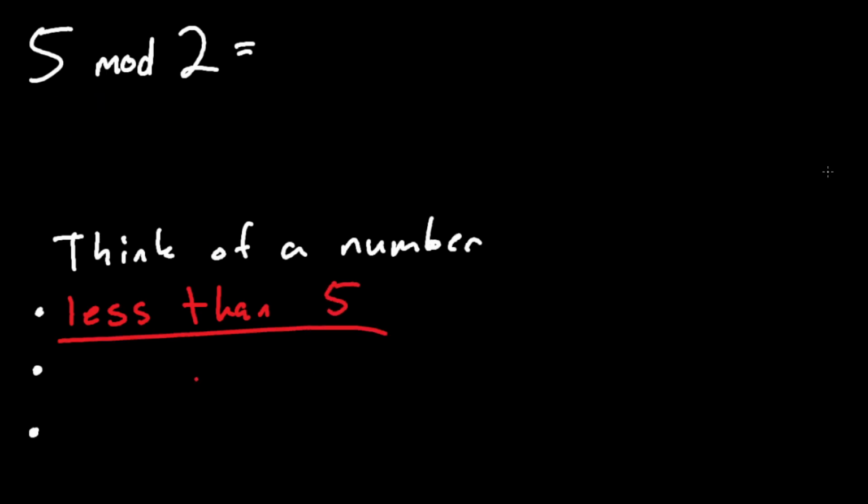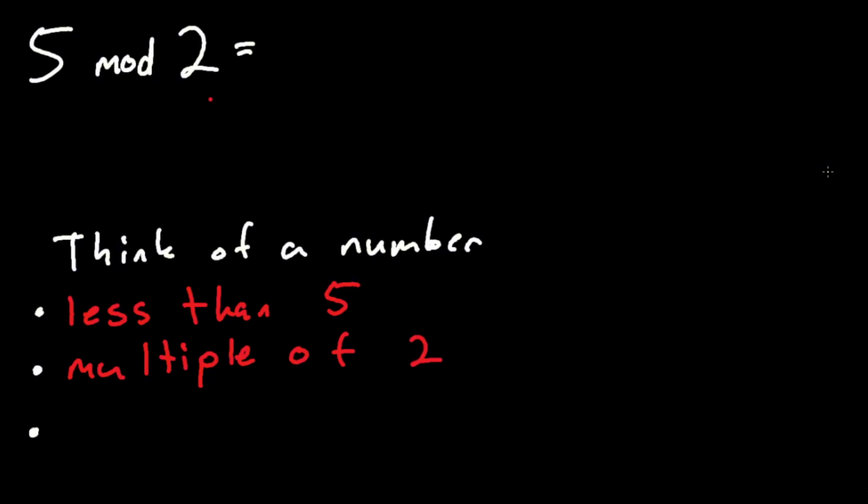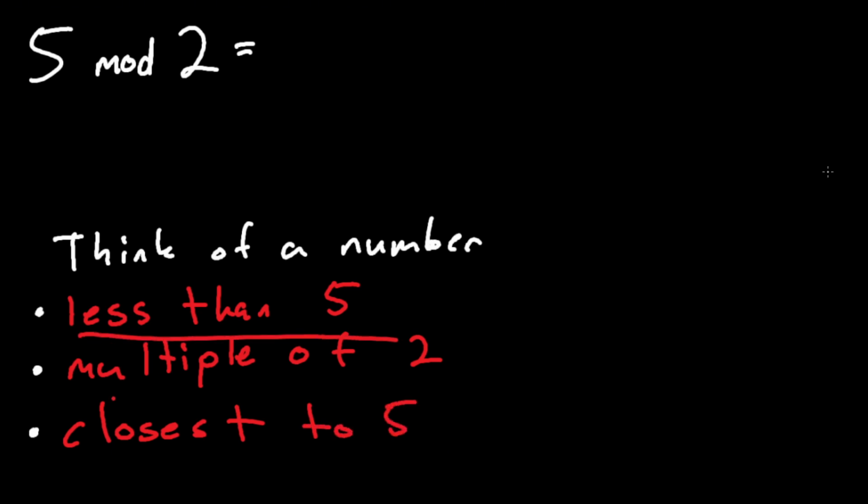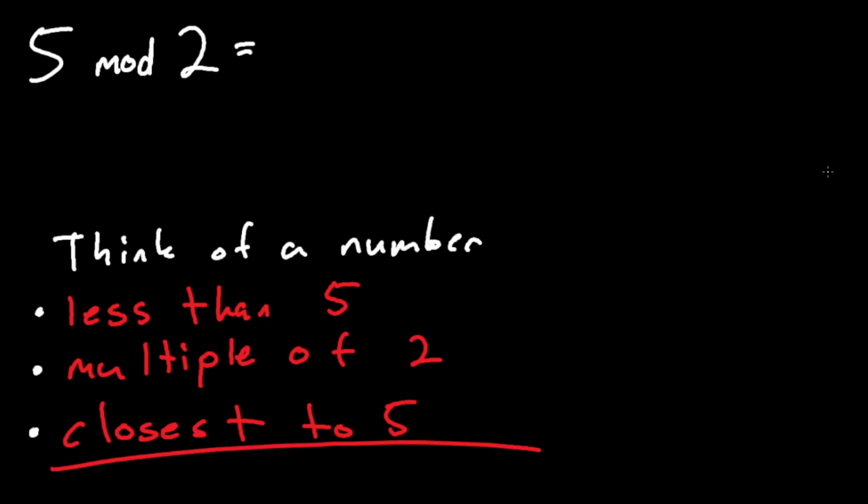Think of a number that's less than 5, a multiple of 2, which is a multiple of this right number, and also is the closest to 5. Okay? So we want 3 conditions right here. A number that's less than 5, a number that's a multiple of 2, and a number that's also closest to 5. What number meets these conditions the best?